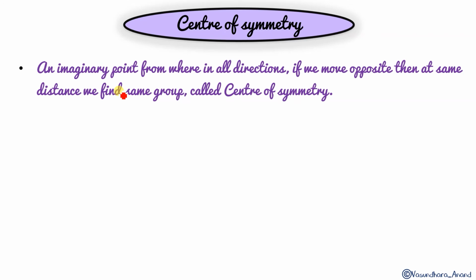Center of symmetry means there is an imaginary point from where, if we move in any direction and then move in the opposite direction at the same distance, we find the same group. Then there will be a center of symmetry. And if it is not so, then there will be no center of symmetry.